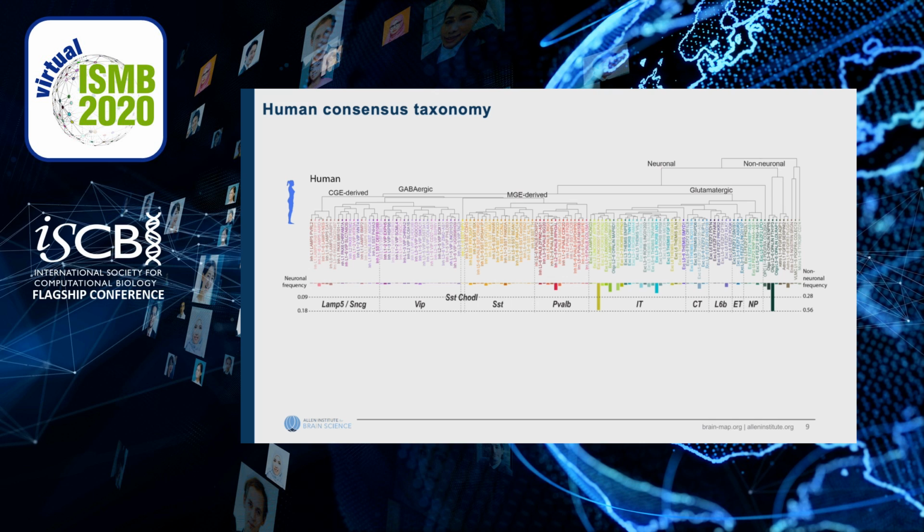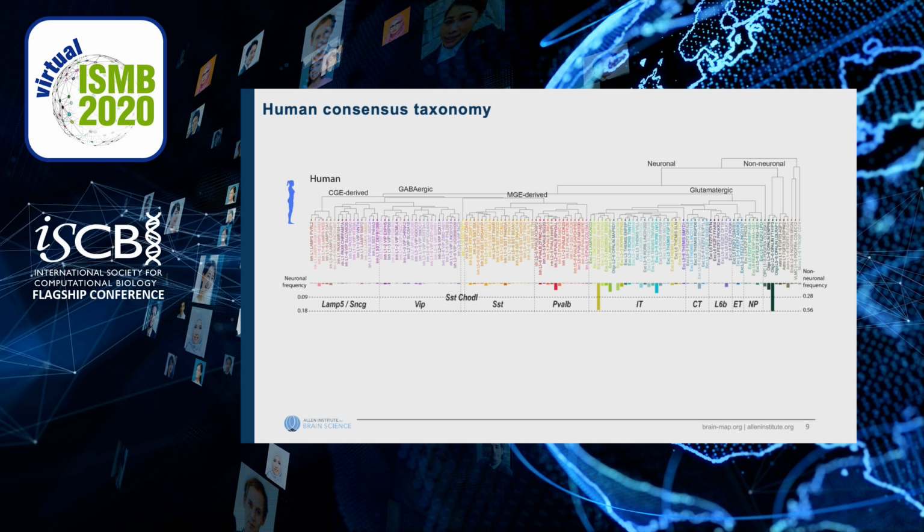You can really see that some of the types, such as inhibitory cells, have a greater diversity. They have more clusters, but they tend to be rarer than the excitatory neurons, which have fewer clusters but a lot more cells relative to the inhibitory.